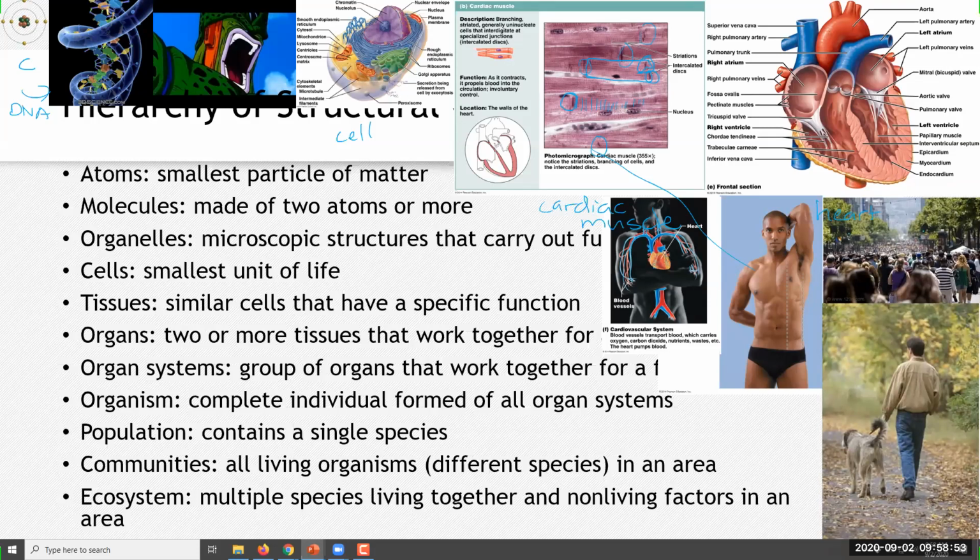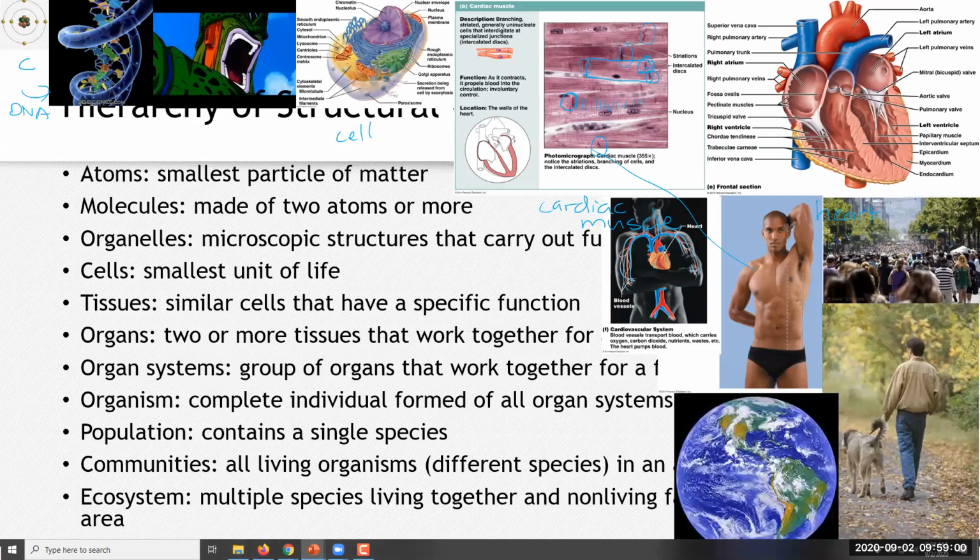And if we're talking about all the different ecosystems in the world, then we have the biosphere. You don't see it here, but this is called the biosphere. I'll write it down. This is when all the ecosystems are working together to make our world, basically.